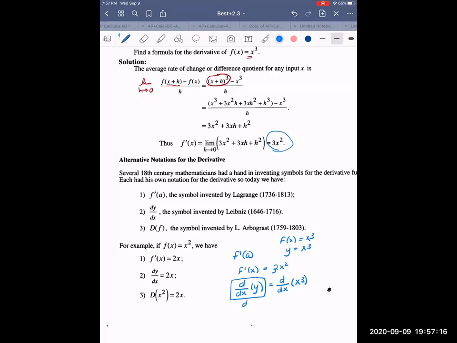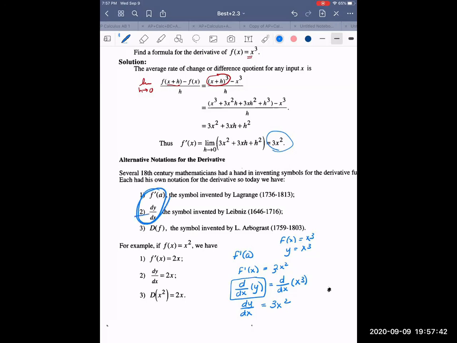You get dy dx. So what I'm saying here is the derivative of the function y with respect to the variable x, okay? And when I take the derivative of the right-hand side, through whatever process I'm using, I'm going to get 3x squared. So that's Leibniz notation.